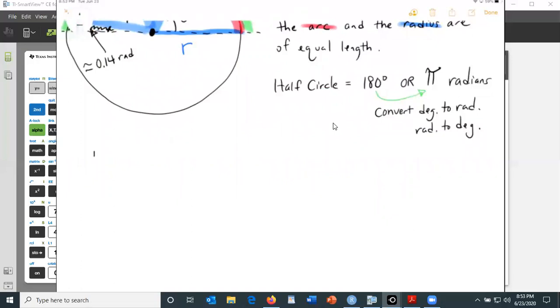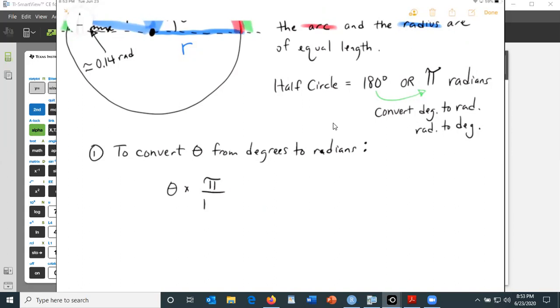So let's call this number 1. To convert theta from degrees to radians, you take your theta and you multiply it by pi divided by 180 degrees.